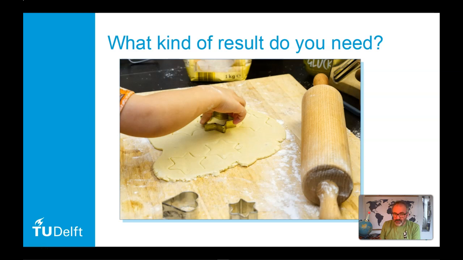It could also be that you need not only the layer of pastry that you're looking at, but also some of the value of the stars that are being pushed out now. So in that case, it might be needed to do a union, or maybe an intersection. So it depends very much on what you need at the end, but keep this image in mind, keep it simple, and you'll get there.